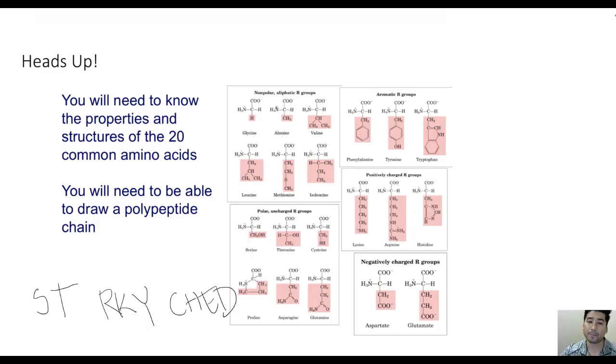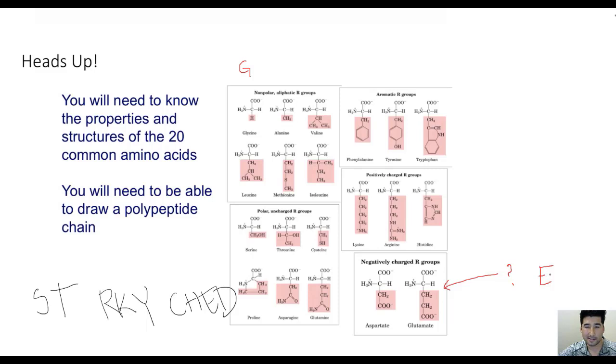So, for example, if I were to ask you, what is the one-letter abbreviation for glycine, you'd probably say G. But if I were to ask you, what is the one-letter abbreviation of glutamate, the correct answer is E. The one-letter abbreviation for glutamate is actually E.